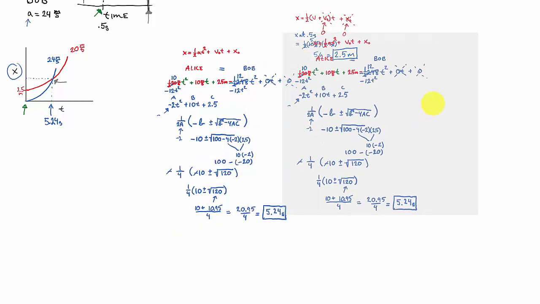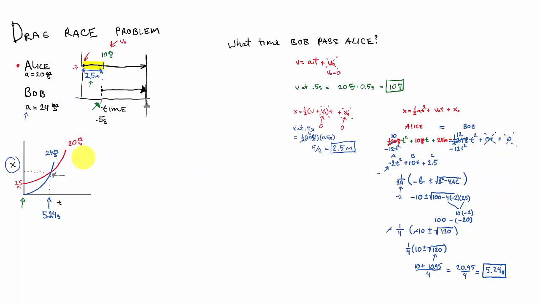Put our work to the side. Now, since we know the time, we can fill in the rest of the problem. For example, what is the time? So this question is answered. That is 5.24 seconds. But we can solve for speed. So what's Alice's speed?